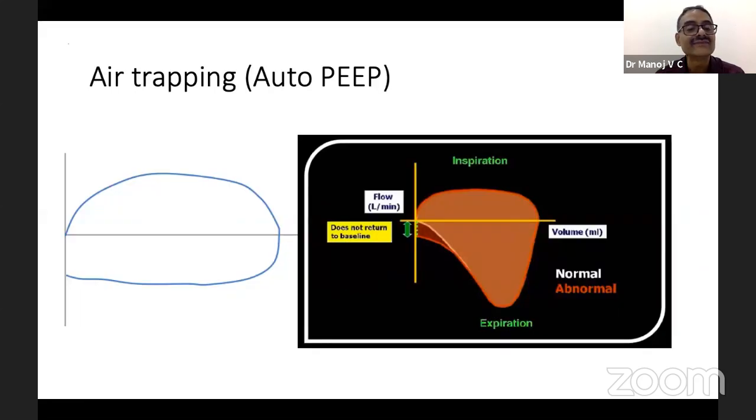And this is the typical pattern you get when your expiratory flow does not reach 0. So it ends here. So you get auto PEEP or air trapping. So in this graph, the inspiratory limb is perfect, the expiratory limb will come something like this, and then the machine will join it like this. So this is for air trapping or auto PEEP.